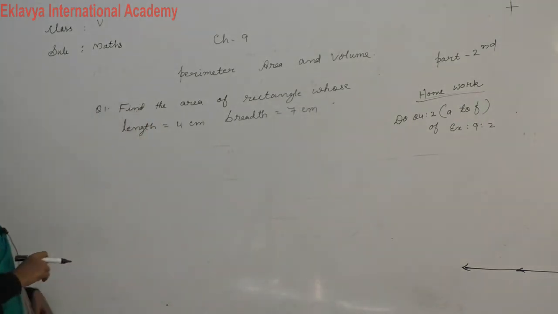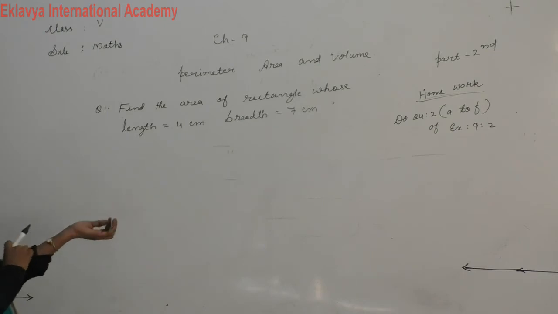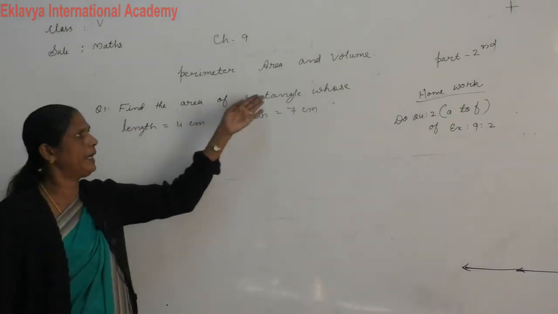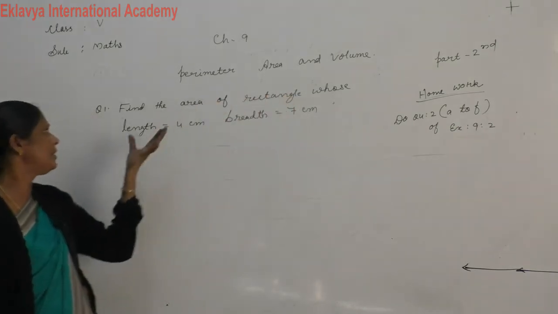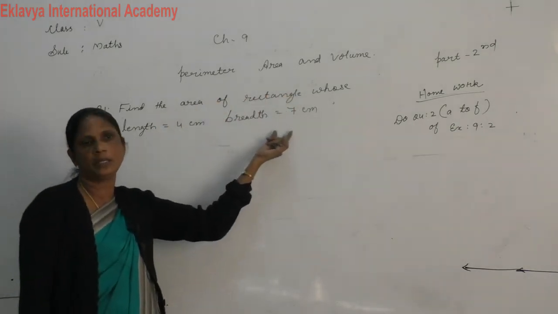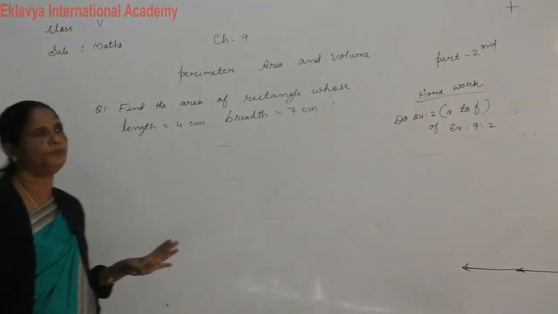Then read the question. Find the area of rectangle whose length is equal to 4 centimeter, breadth is equal to 7 centimeter.